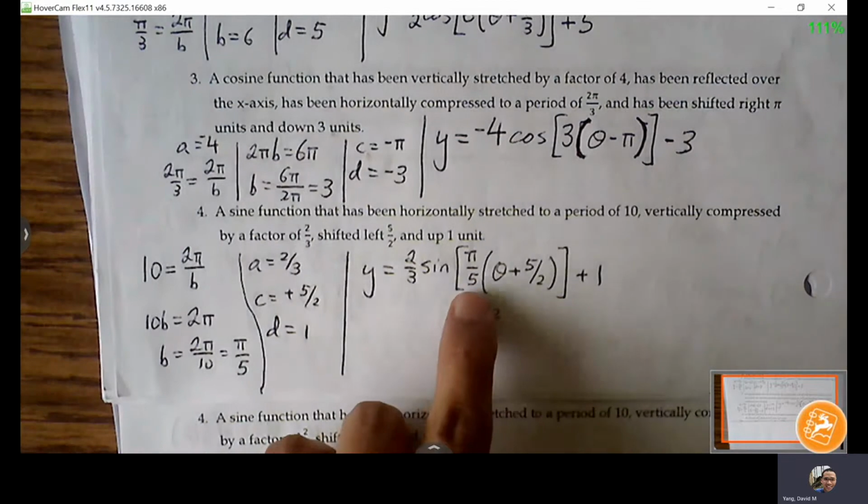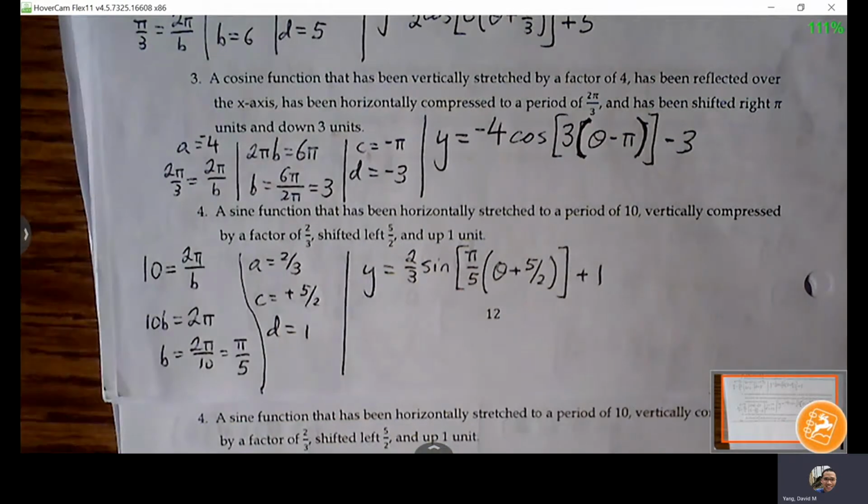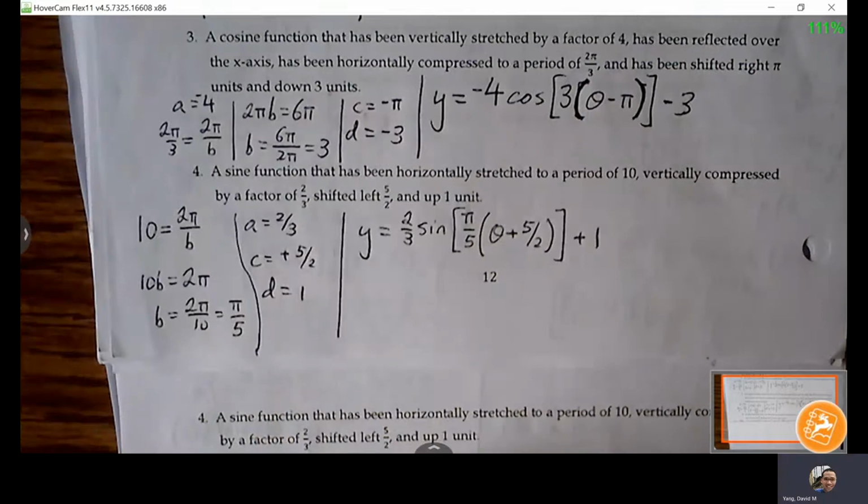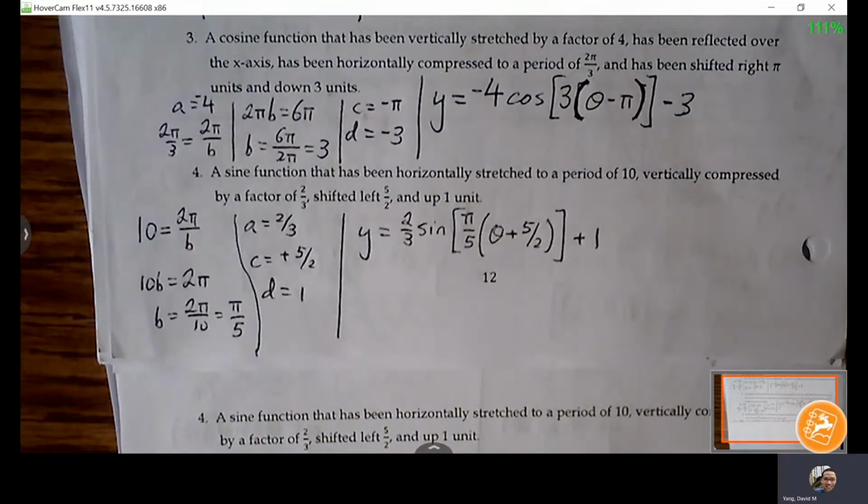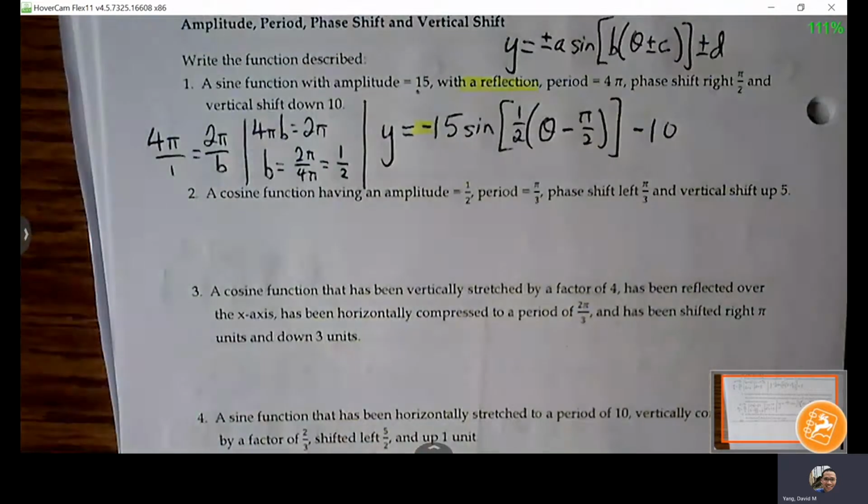So I wouldn't worry too much about that because we know how to do horizontal stretch or horizontal compression because we know how to figure out our periods. Okay, that's number 4. Any questions? I'm not done yet. Okay. I'm not even looking at it. Give you guys a few minutes and then we'll go into our graphing on page 13.